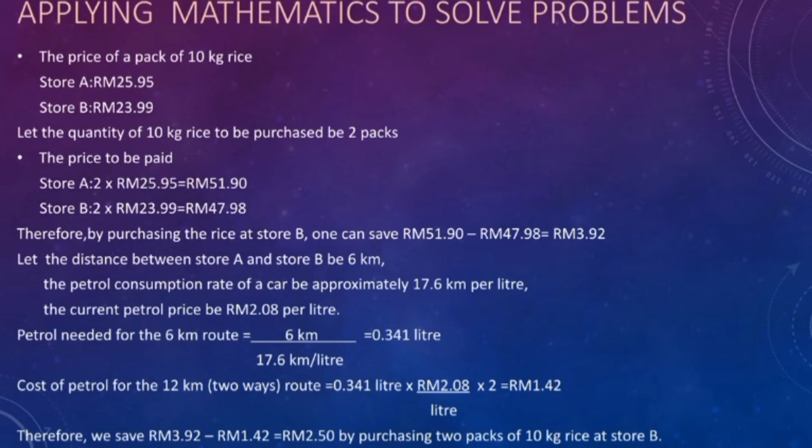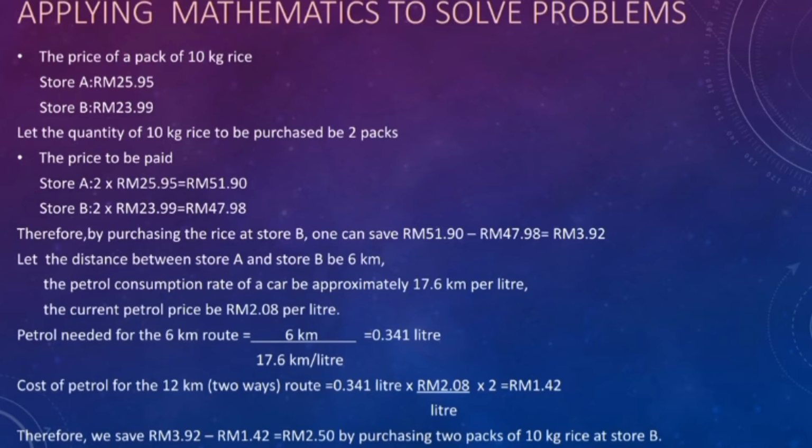Let the distance between store A and store B be 6 km. The petrol consumption rate of a car be approximately 17.6 km per liter. The current petrol price be 2 ringgit 8 cents per liter.